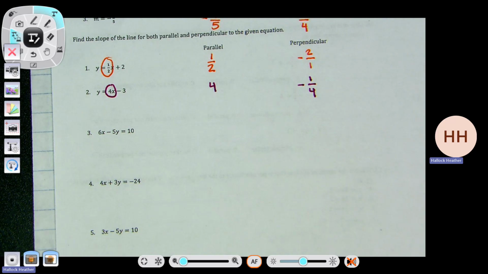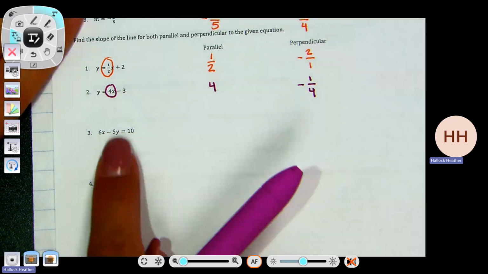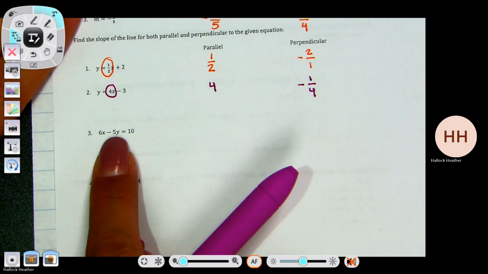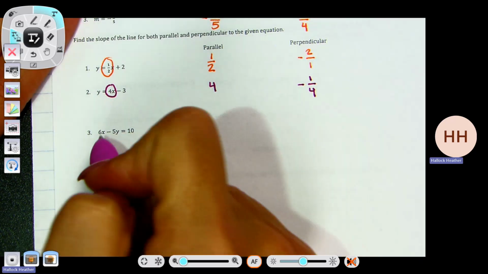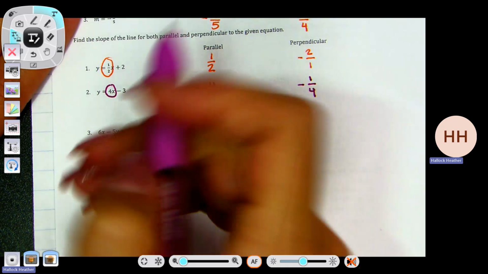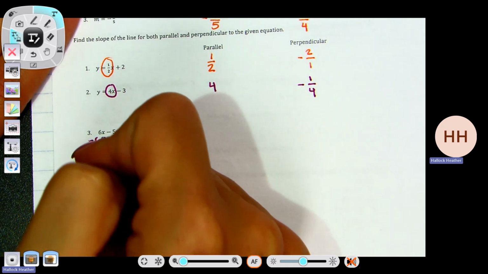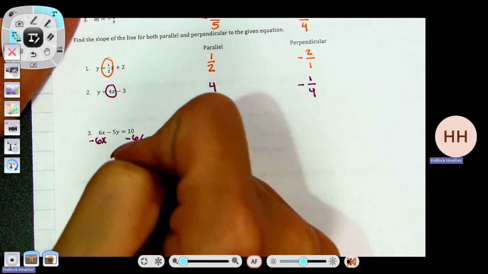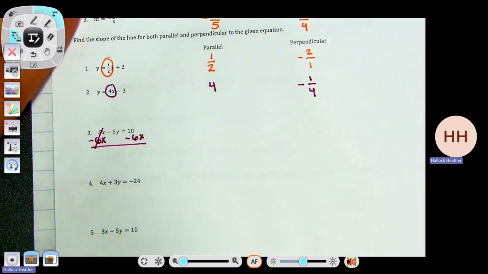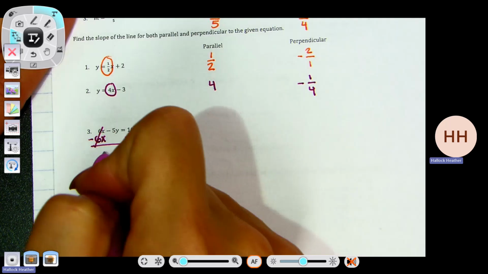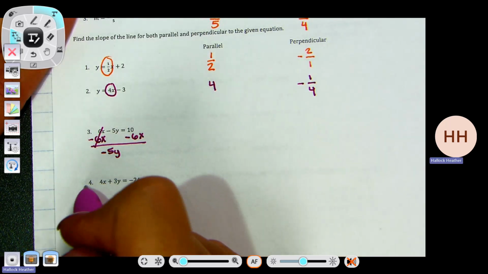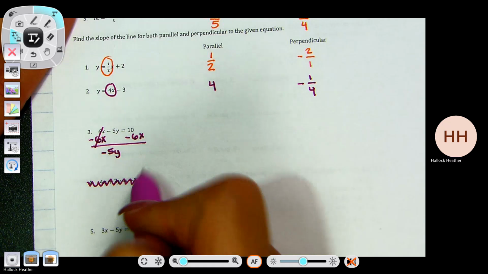Does anybody remember from Algebra 1, what is the first step to get y by itself? Subtract 6x. Because it's positive 6, we're going to minus 6x from both sides. Don't forget the x. I still have -5y on the left, so I'm going to bring it down. Let's scribble out number 4, so that way we actually have space to write.